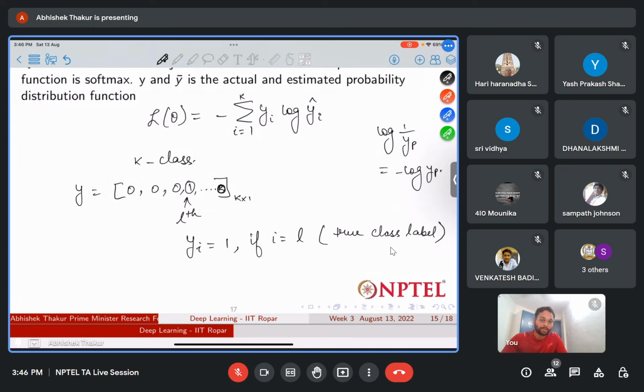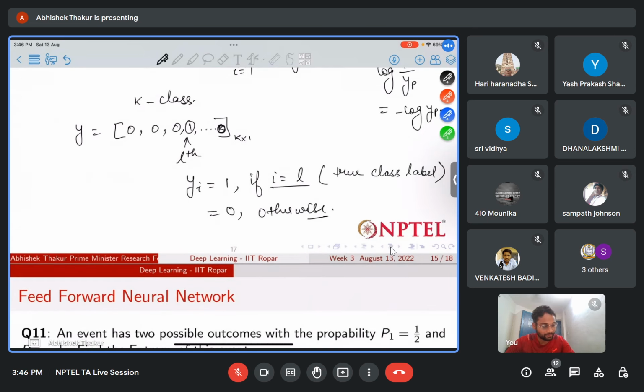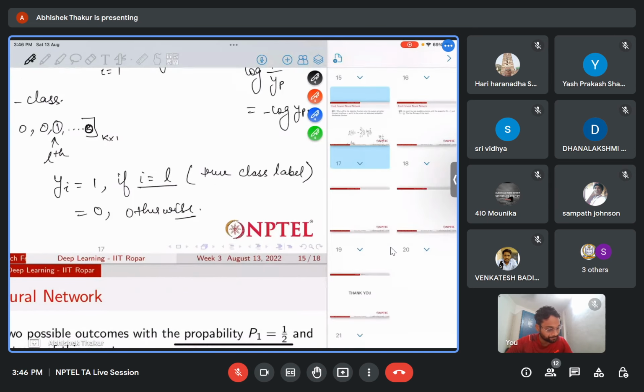When we know the output, at that true class the output will be 1. That occurs at i equal to L, and it will be 0 for all other labels. So now we can write, I'll just add one page here.